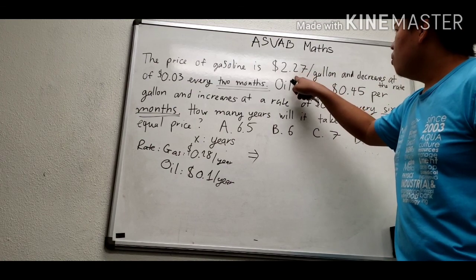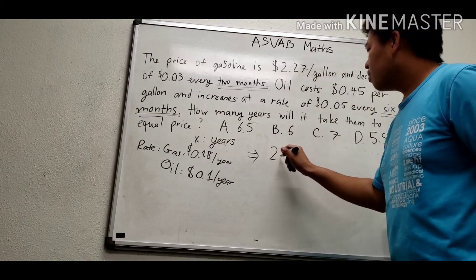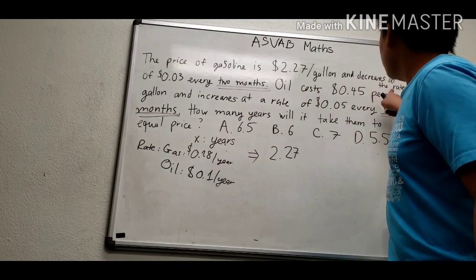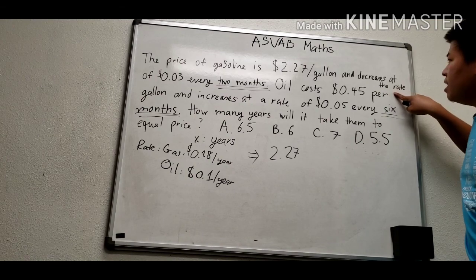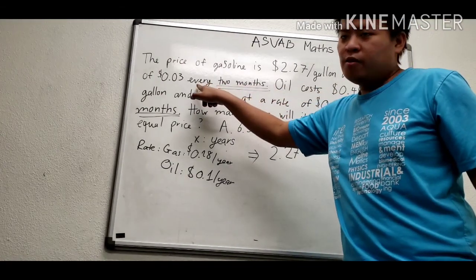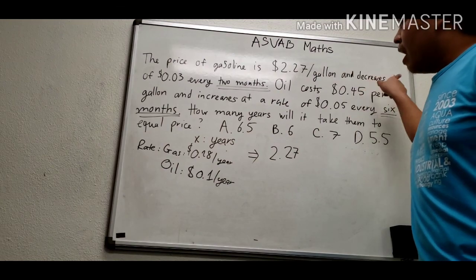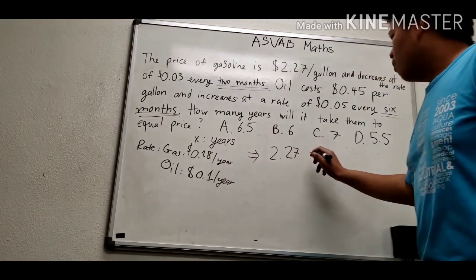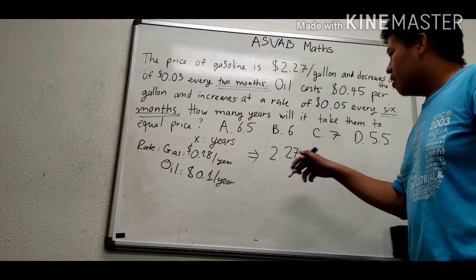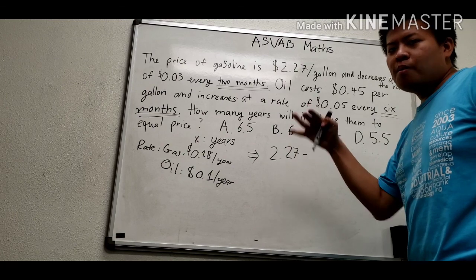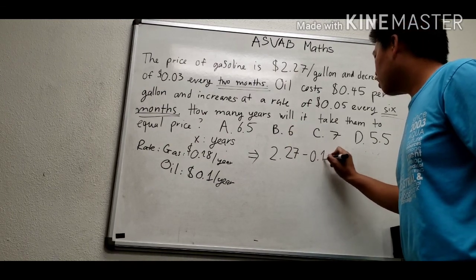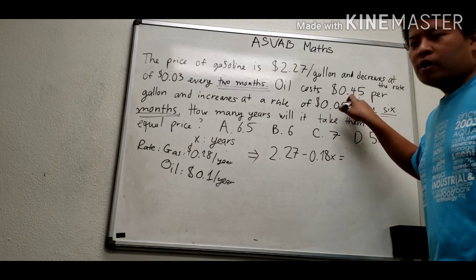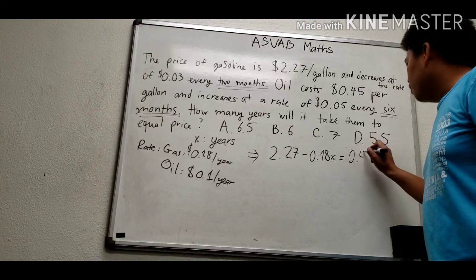We have 2.27 over there, and we got the gasoline, but they decrease the rate every year. Right now we can say that they decrease at $0.18 per year. So we put a minus sign here because that's the decrease. The rate means we need to minus. And we got the cost of the oil is about 0.45.